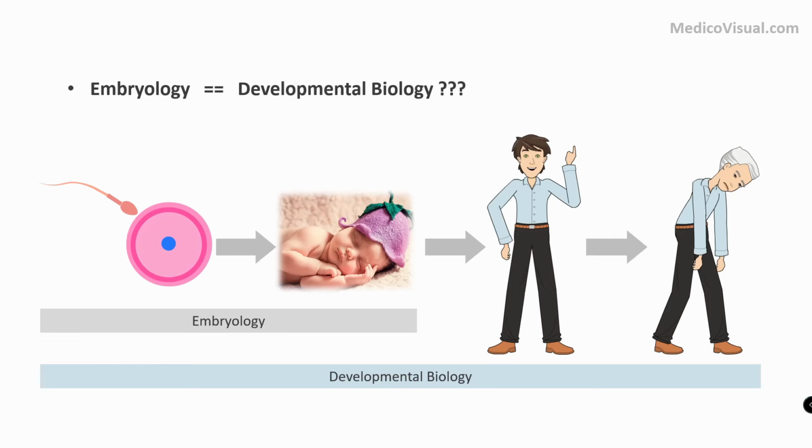But in developmental anatomy we only study the structural changes that occur when this transformation occurs. For example, fontanelles are closed, and what is the process of closure of fontanelles, all these things we discuss in developmental biology and developmental anatomy.